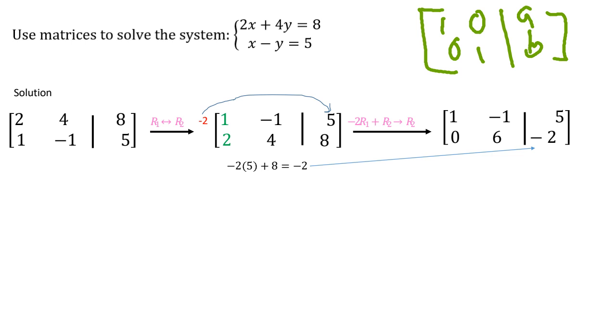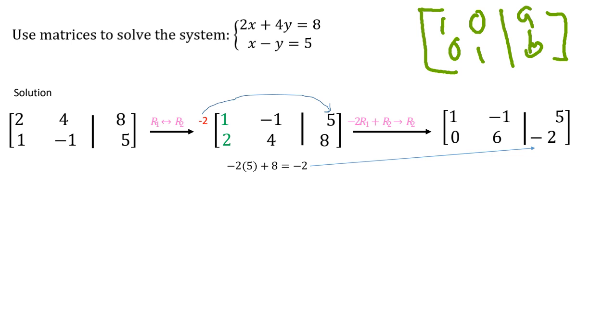So the best thing you want to do is make this first number a 1, make anything below it a 0, and then go to the next column and make that diagonal be a 1, and then anything above it a 0. And if we had more, then you would go to the next diagonal and make everything a 0. So that would be the order to go so that you don't end up undoing your work that you have already done.